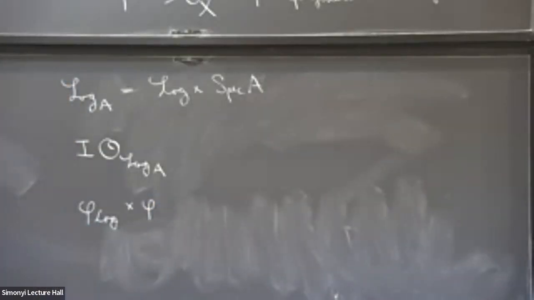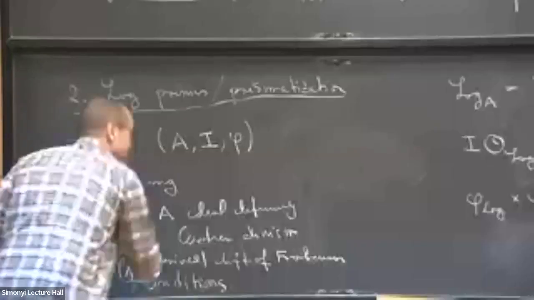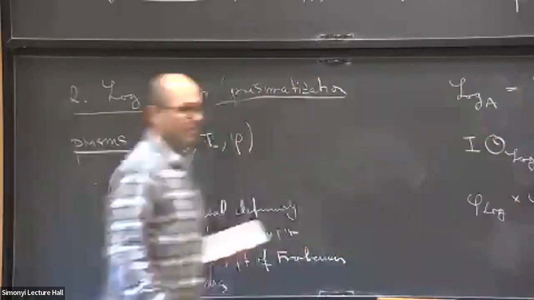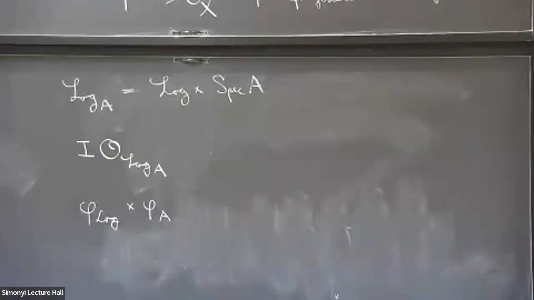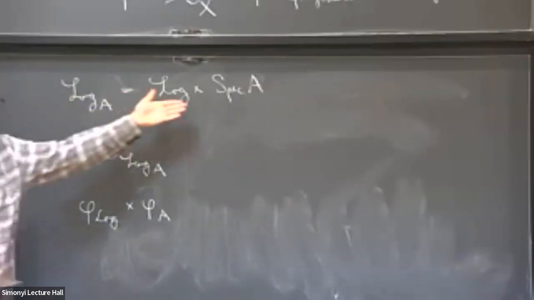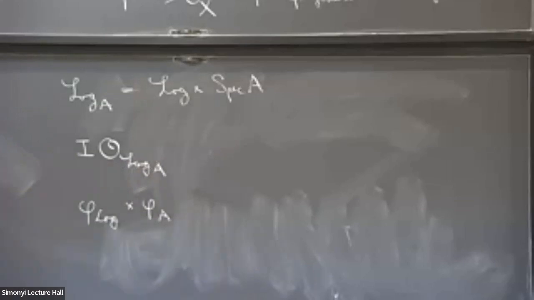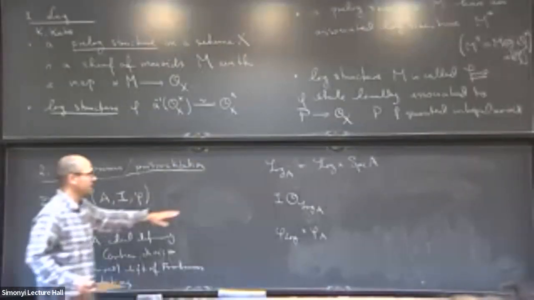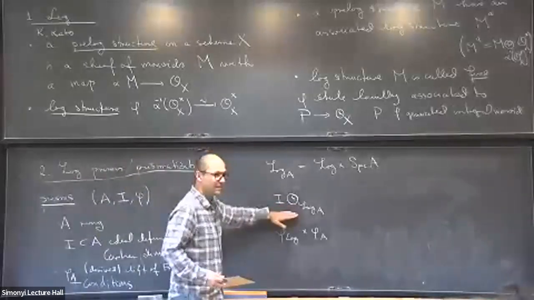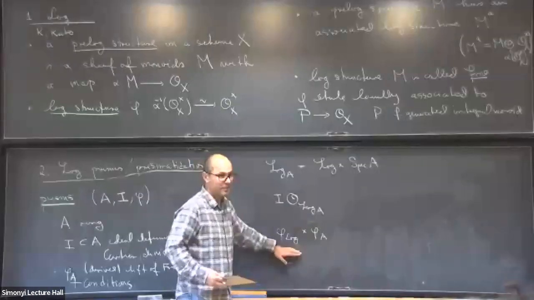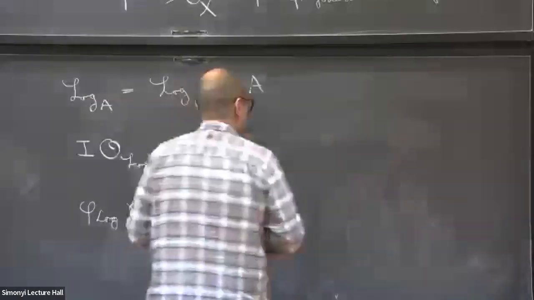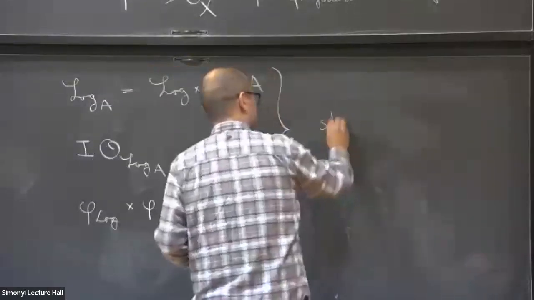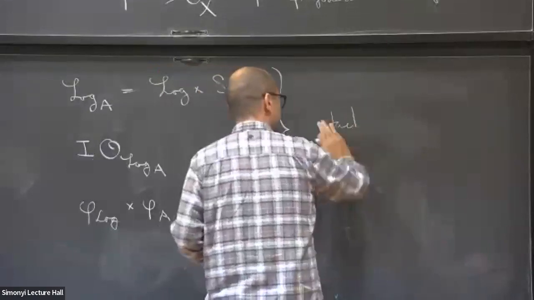Maybe I should put a decoration A here. Which is the lift of Frobenius to this here, right? So A has a lift of Frobenius, has this ideal in the ring. So now I get a stack, an ideal, and a lift of Frobenius here. And so this is, in some sense, I don't know what term, I want to call it a prism stack, maybe.